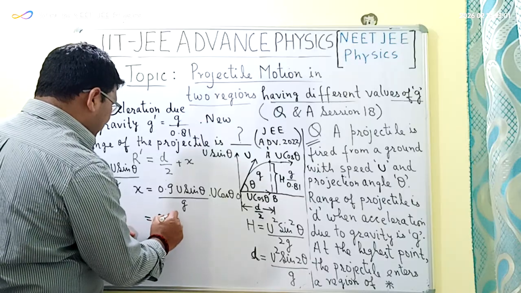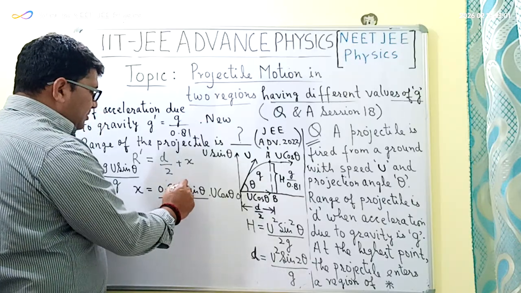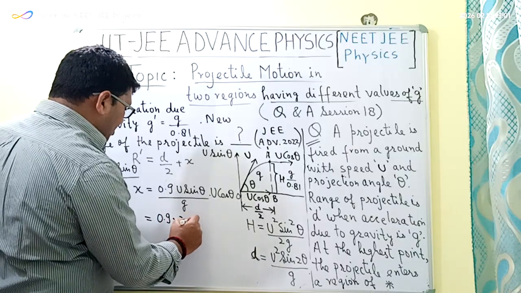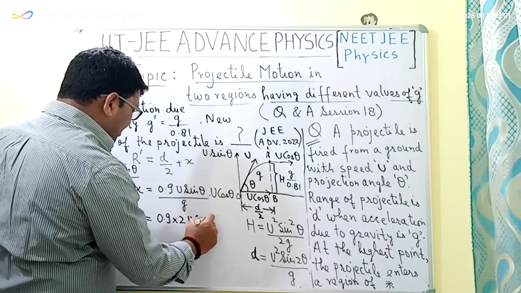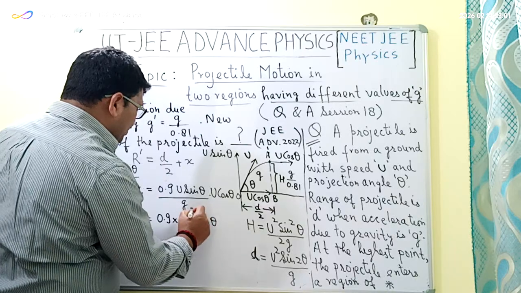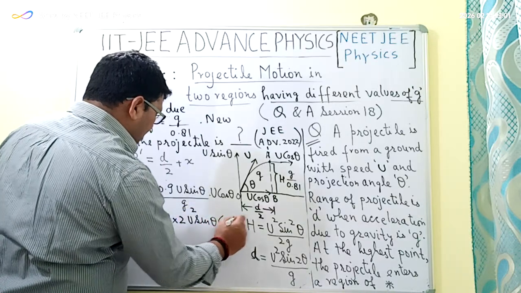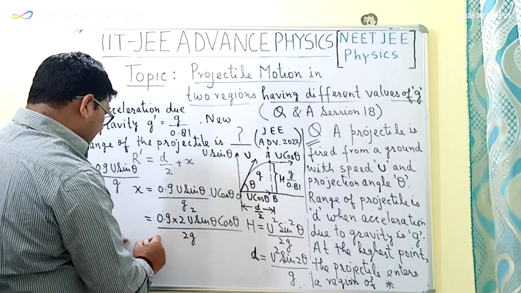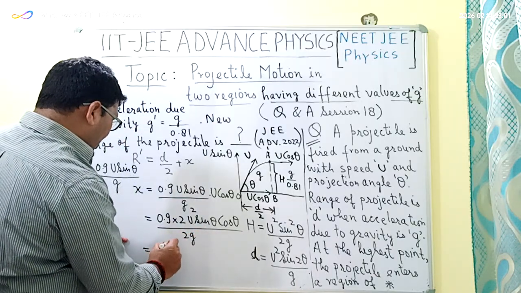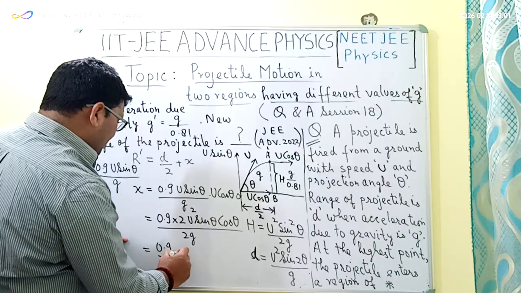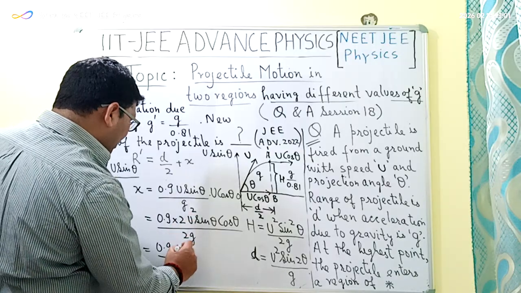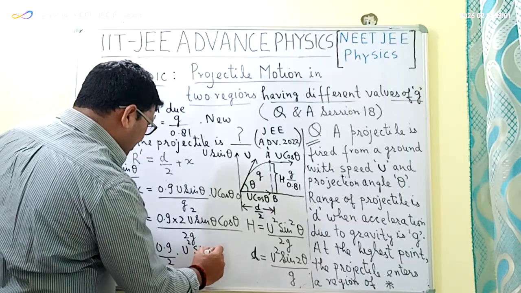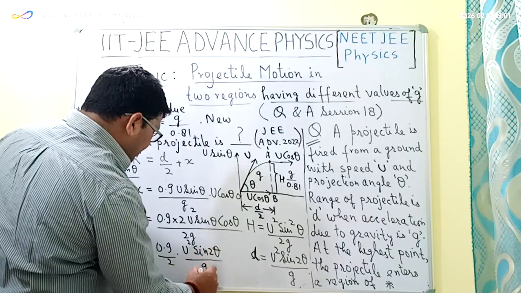I will multiply the numerator and the denominator by 2. So this will be equal to 0.9 u square sine theta cos theta divided by 2g. This is equal to 0.9 upon 2 into u square, 2 sine theta cos theta, which is sine 2 theta, upon g.